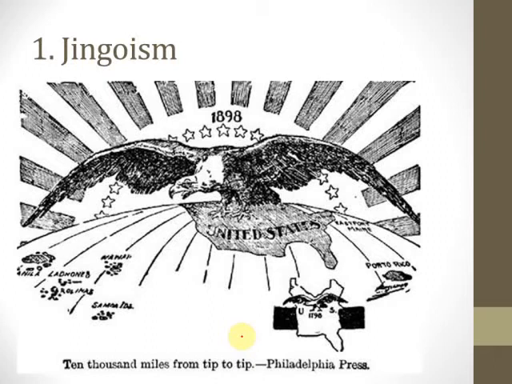So jingoism, folks, resulted in aggressive expansion. And it resulted in a desire for America to become what? What do we want to become? Yeah, we want not necessarily a world bully. We'll never admit to being a world bully. But what we want to become is a world power.